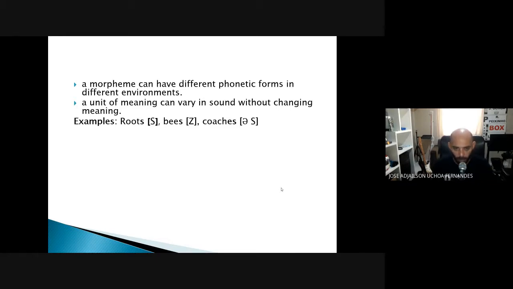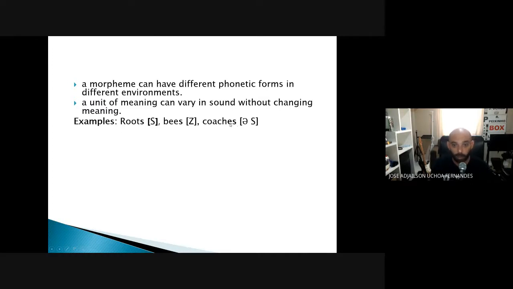Roots with an S, bees with a Z, and coaches with the schwa. So graphically, it's just a final S. Morphologically, this final S is called the plural morpheme. We have the plural morpheme here with a final S pronounced as an S, in bees a final S pronounced as a Z, and in coaches a final ES.